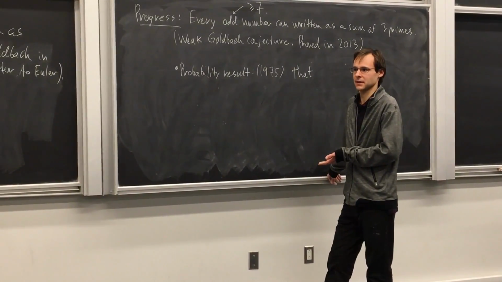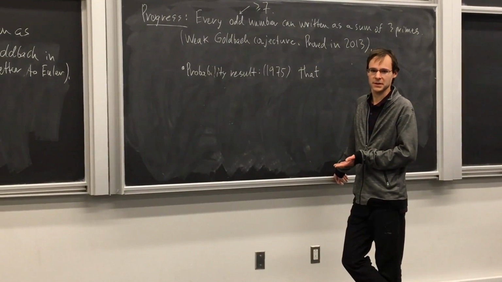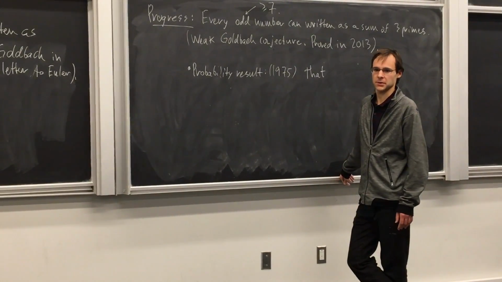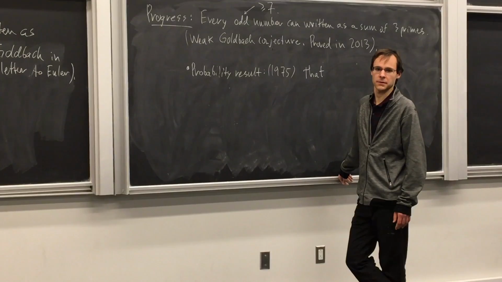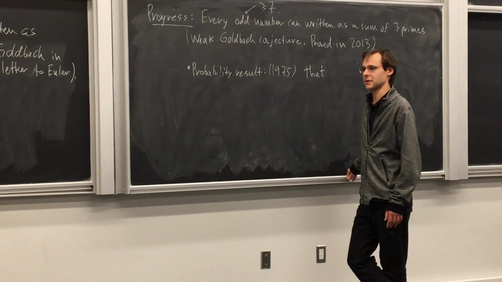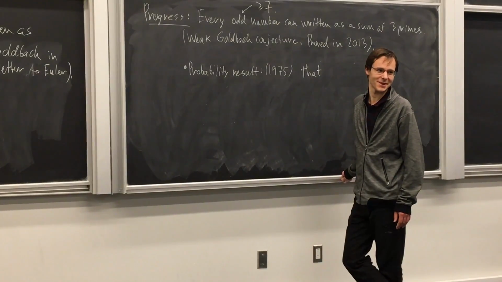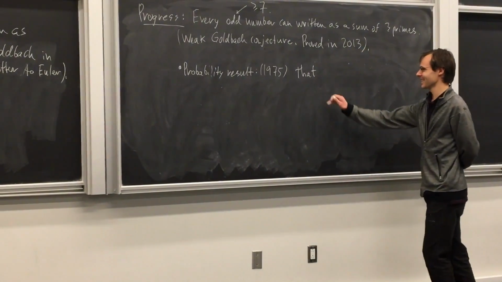Just like there are infinitely many numbers which are not perfect squares, and essentially 100% of numbers are not perfect squares, if you look at the density of them. However, there are also infinitely many numbers which are perfect squares. Okay, so think about that yourself.